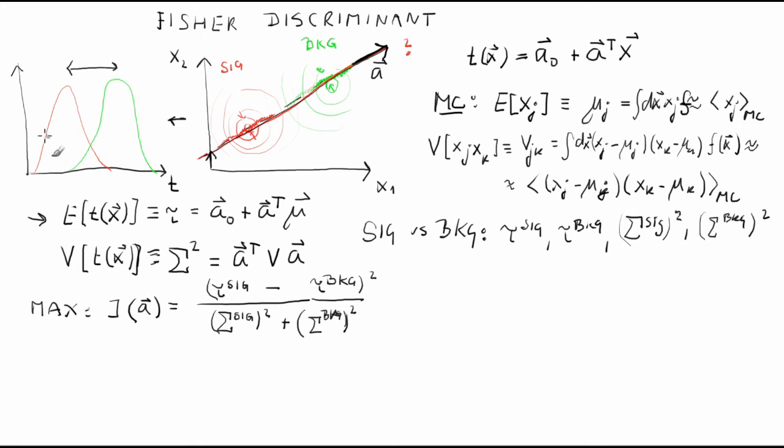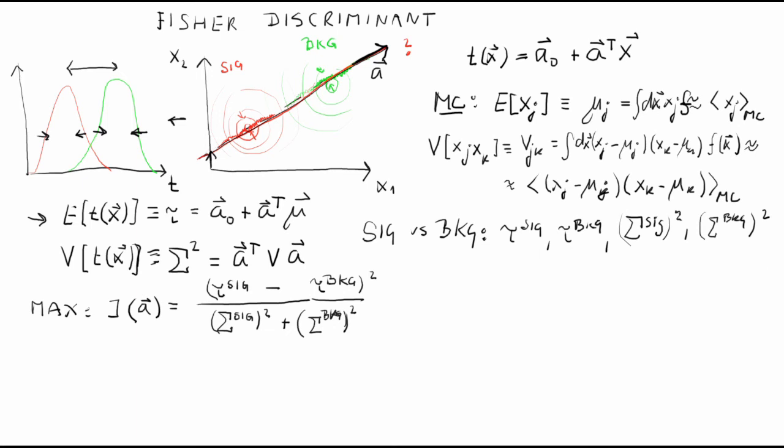At the same time, we require the distributions to overlap as little as possible. And we do it by minimizing the sum of variances. We are maximizing a quantity that has the sum of variances in the denominator. Of course, the distance of mean values and the width of the distributions can be concurrent effects.